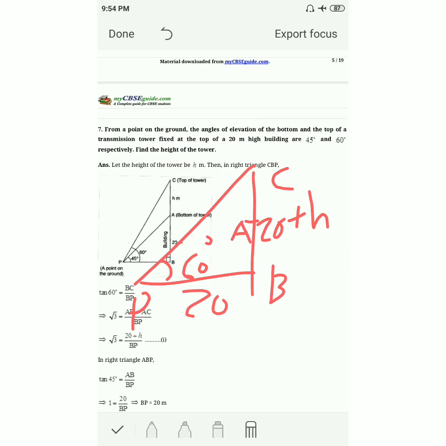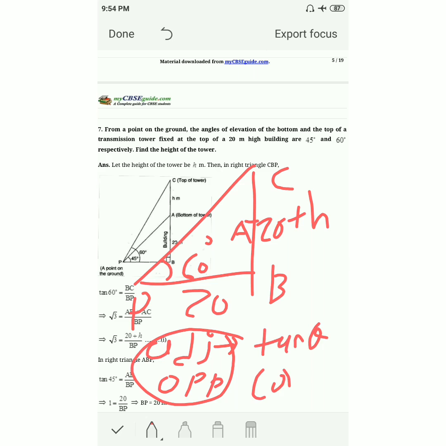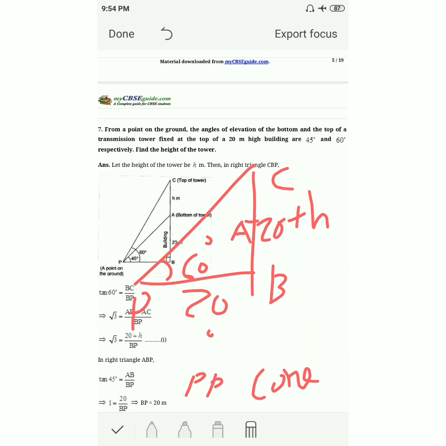Now in this triangle, we know adjacent side, we need to find opposite side. So which trigonometric ratio gives the relation between adjacent and opposite? Tan theta and cot theta, but we use tan theta here. Okay, so use the tan theta. So here tan 60.